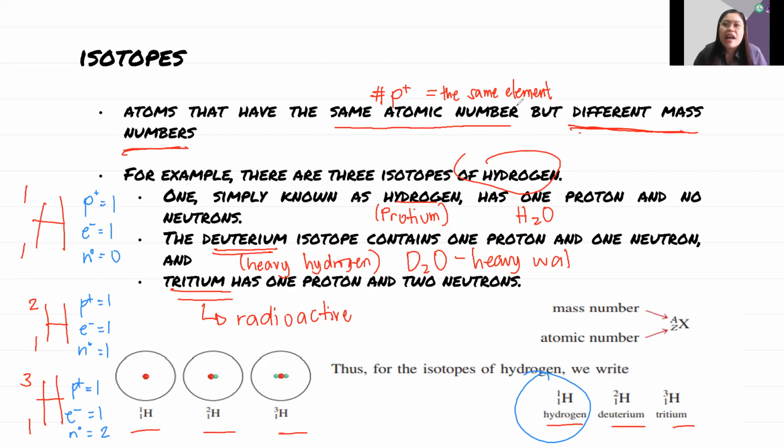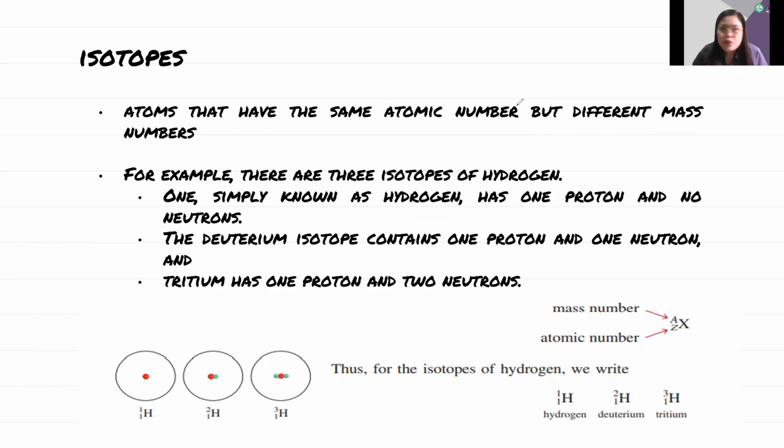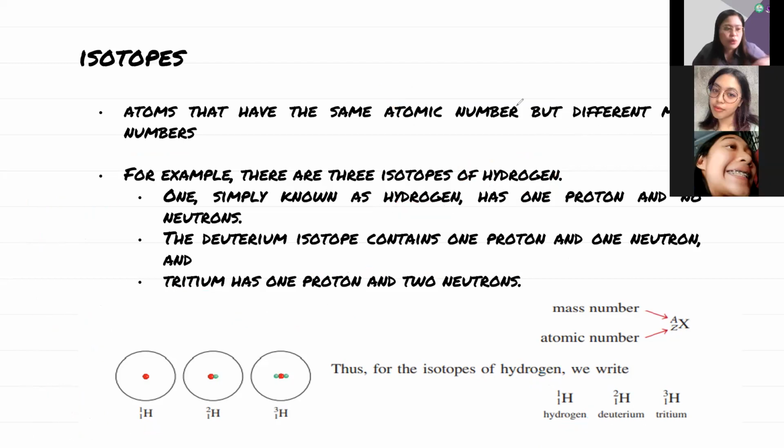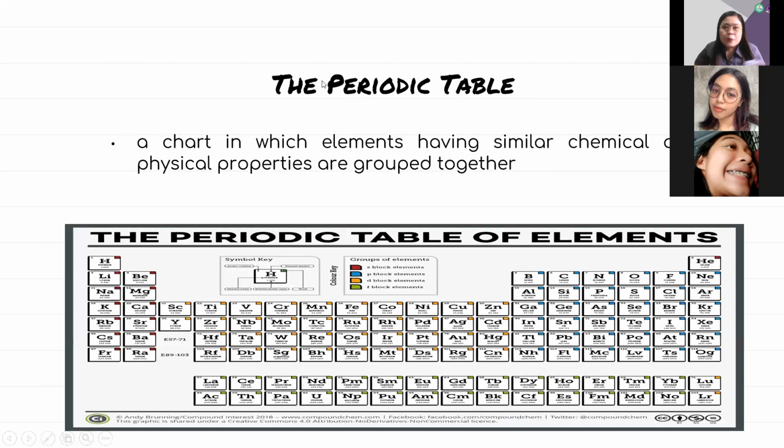It emits radiation. So questions about isotopes? Which part of isotopes did you not understand? That's the example, the hydrogen. The same element, different mass number. Okay, no questions. So let's move on.